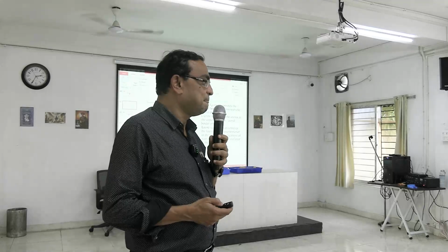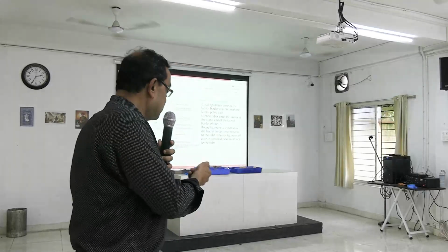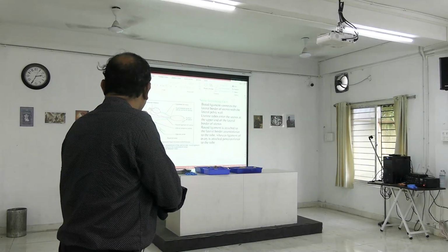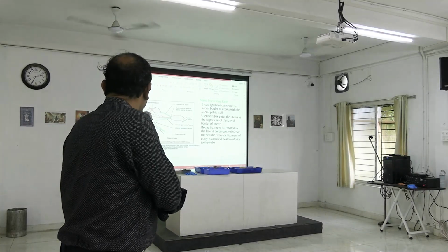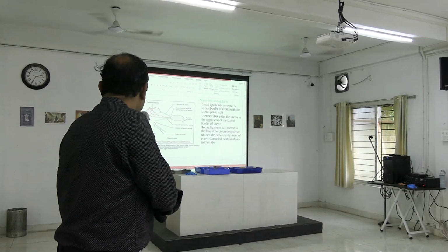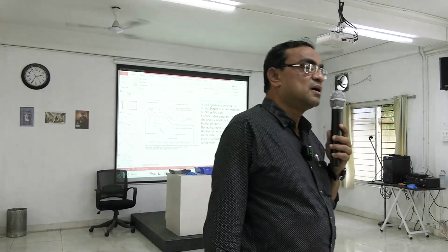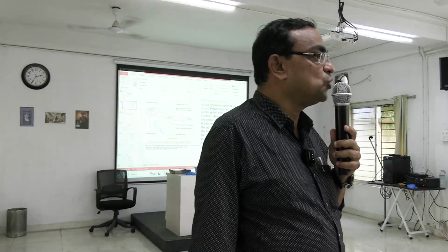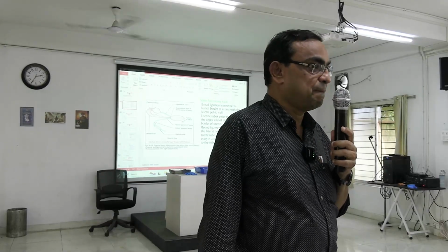Now, here we can see the gubernaculum. The gubernaculum is a fibromuscular structure, and on one end it is connected to the ovary, and also to the processus vaginalis. From the ovary, it comes out and traverses the inguinal canal, and ultimately it is attached to the labia majora, because labia majora represents the genital swelling.